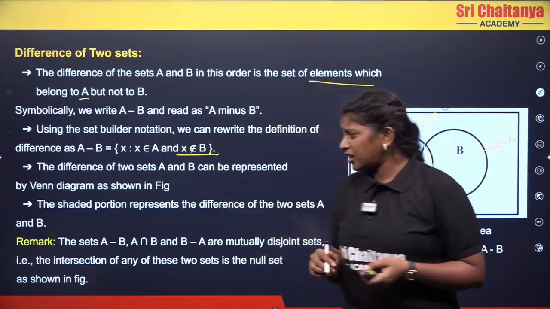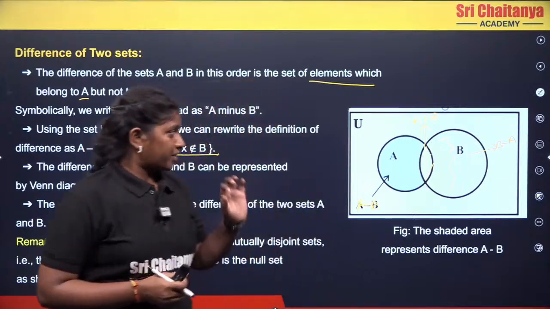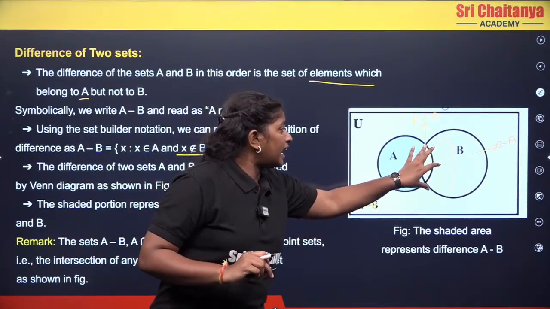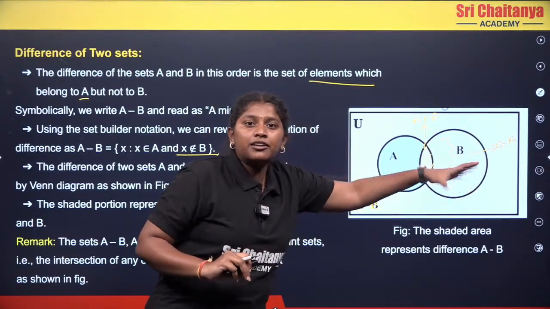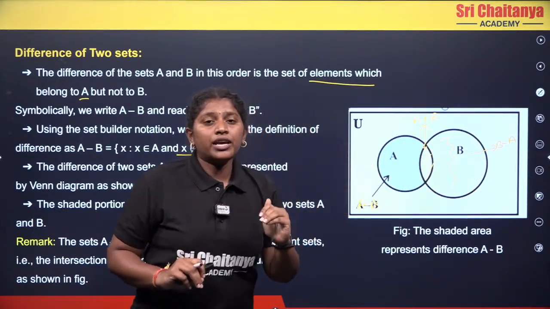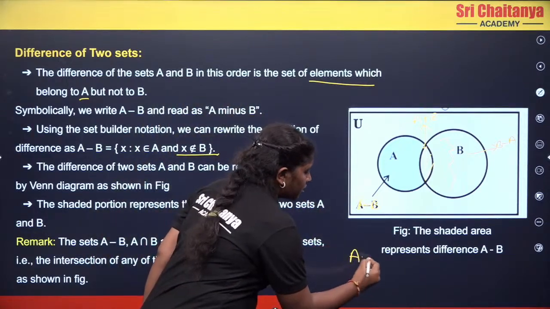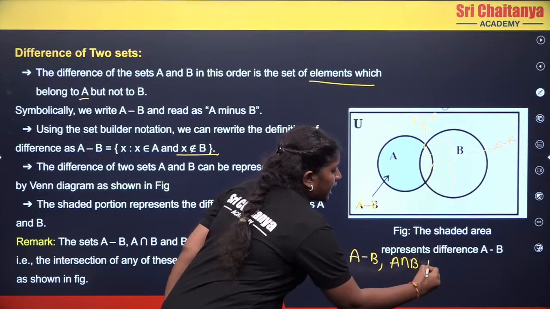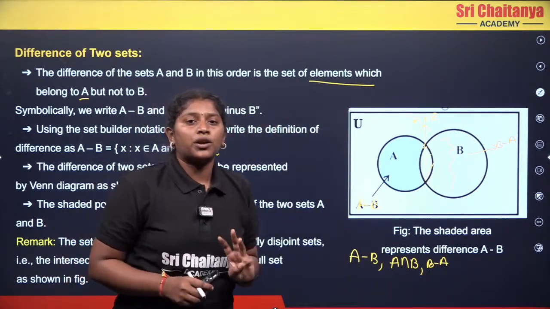Okay. Now coming to here, from here we can say one thing. See, our A minus B values are different and A intersection B values are different and B minus A values are different. So now what we can say clearly from this is that the three sets which are A minus B and A intersection B and B minus A, these three sets are the disjoint sets.